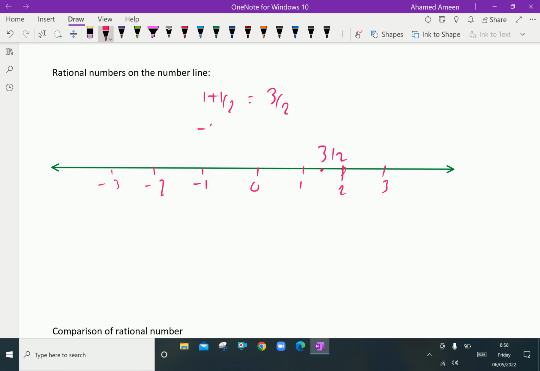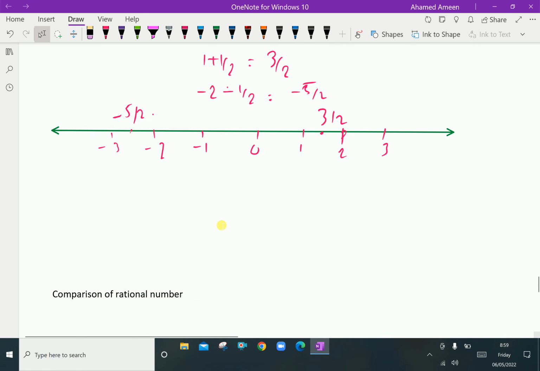Another one, minus 2 minus half, equal to minus 2 and a half, that is minus 5 by 2. Minus 5 by 2 is between minus 2 and minus 3, like this. Like this we can represent any rational number on the number line.